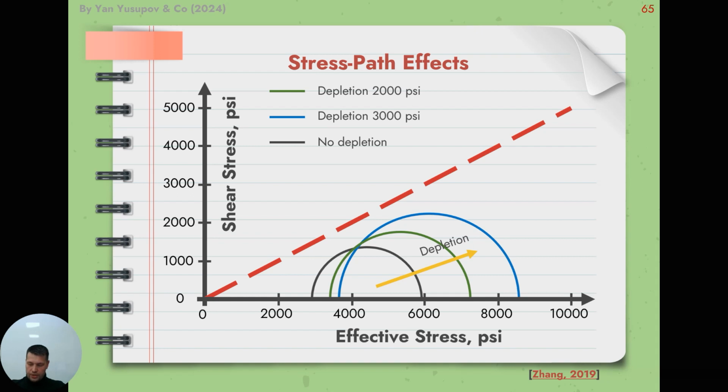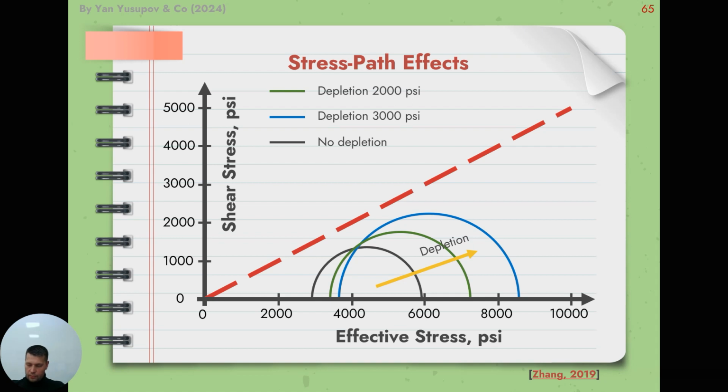However, the vertical stress doesn't change much. Therefore, vertical effective stress increases as the depletion increases. Thus, the stress difference between the effective vertical and minimum effective horizontal stresses increases as depletion increases, and the Mohr circle becomes larger.